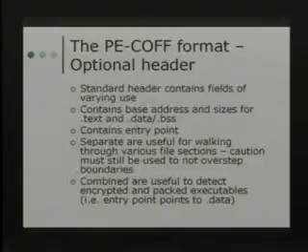Also in the optional header, there are going to be things of different use. Like I said, the base addresses for text and data are both interesting to us. The entry point is going to be interesting to us. When we use the base addresses for text and data and BSS separately, it provides a good starting point for walking through all of the different file sections and so on.